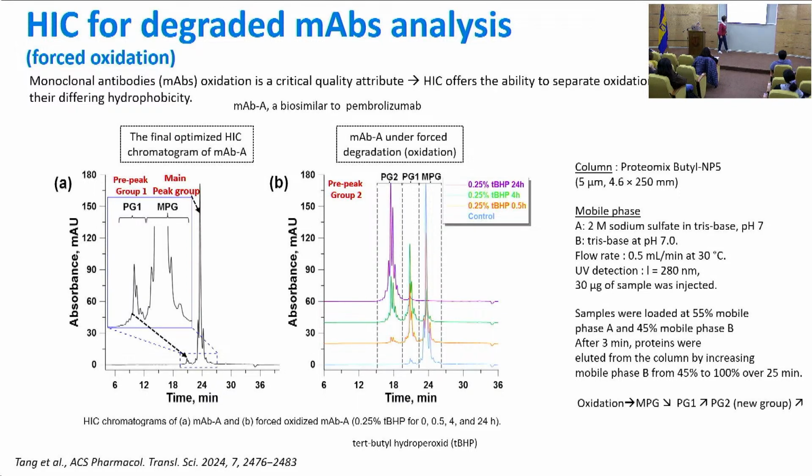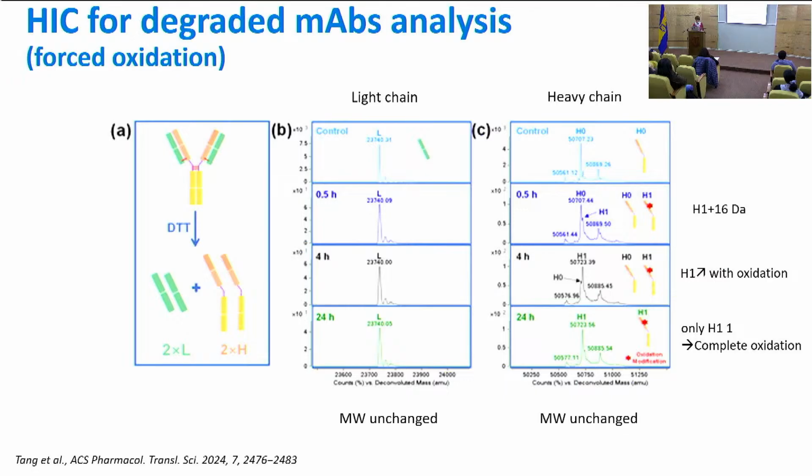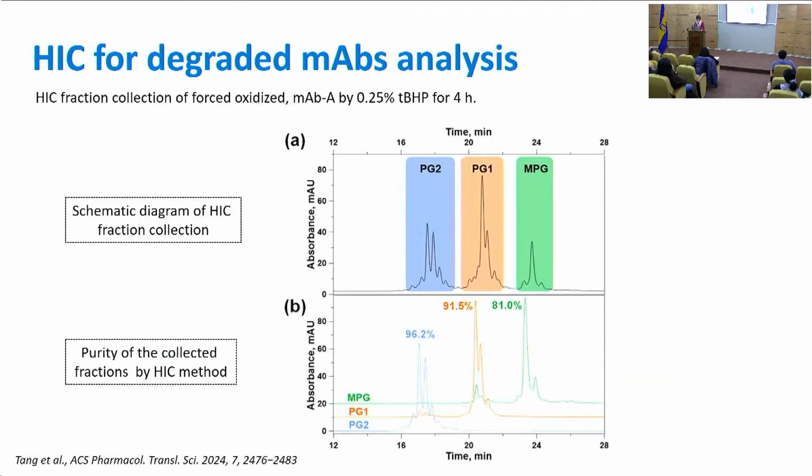So that's the profile, and you can see that there is also an impact on the MABs. Maybe I skip. I think you have understood now that the degradation modified the profile.